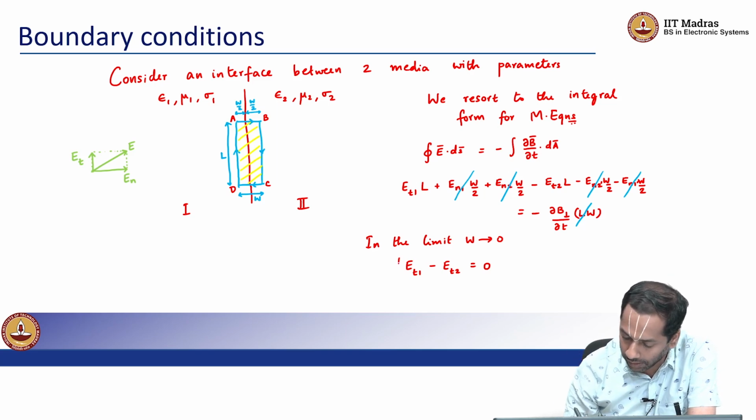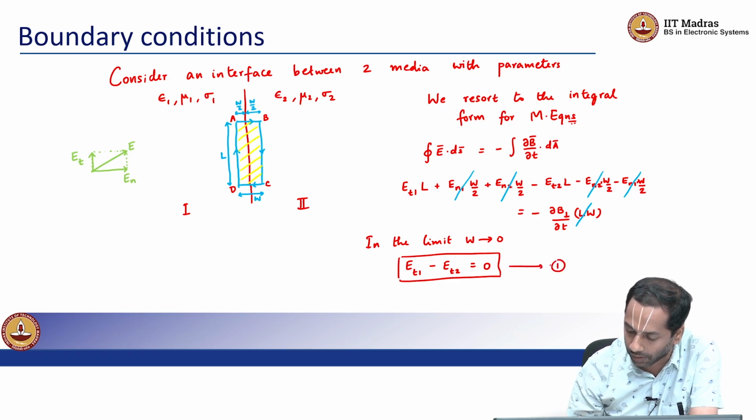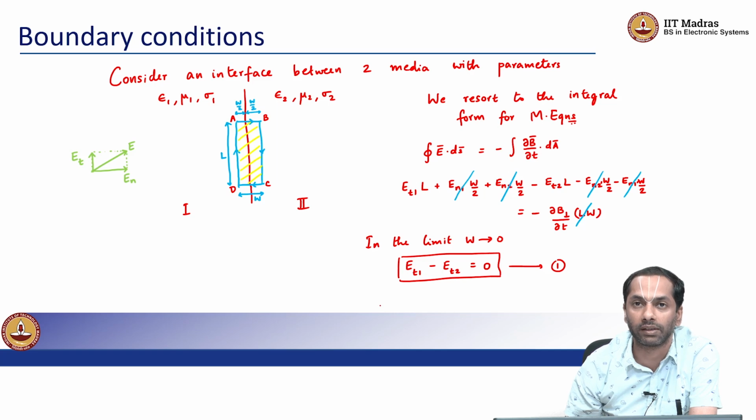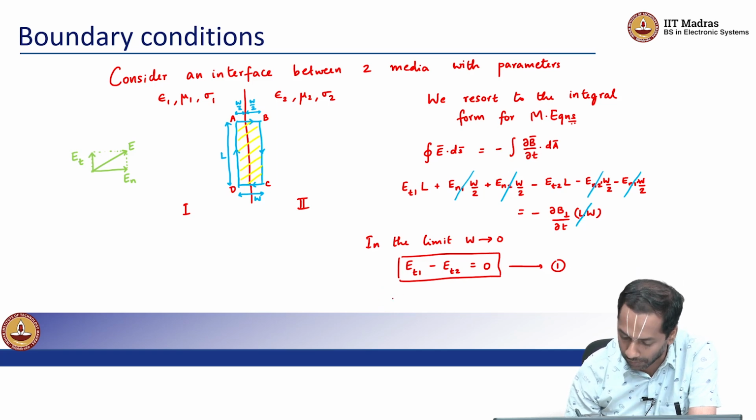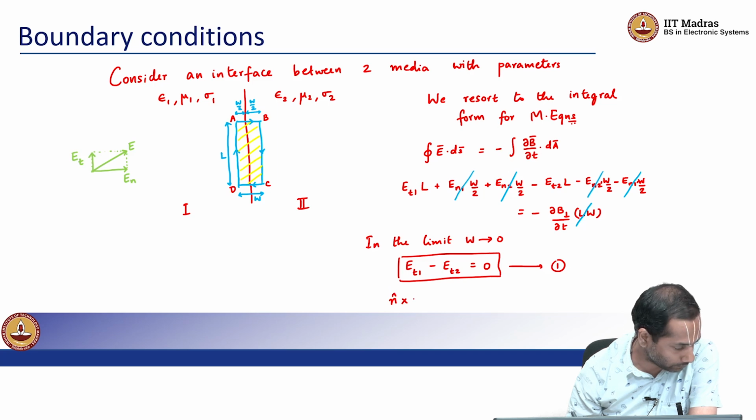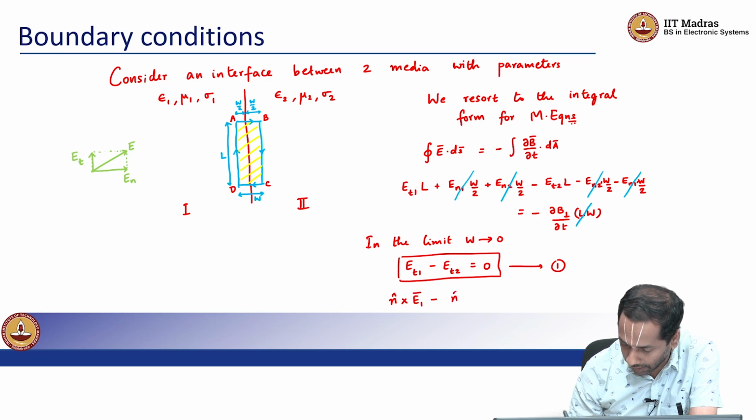We will call this the first of the boundary conditions. We can also generalize this into a vectorial form by saying n cap cross E1 minus n cap cross E2 is equal to 0.